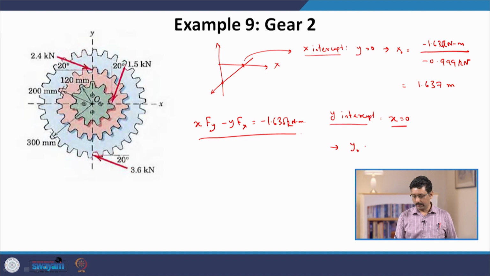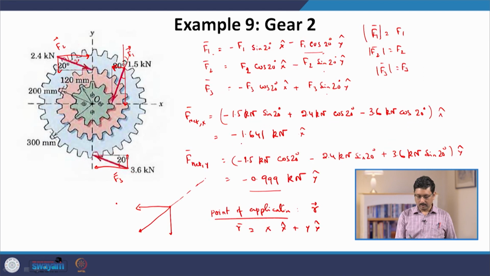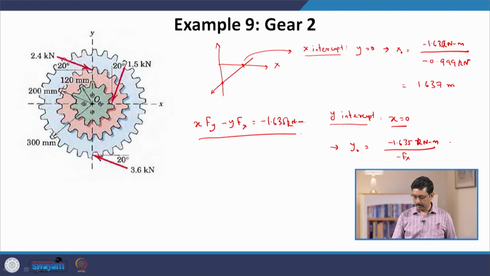Let us call that y naught, and this is given by the condition in this equation where you put x equal to 0, then this is given by minus 1.635 kilonewton meter divided by minus Fx. Minus Fx is 1.641 kilonewton, which is equal to almost 1 meter.